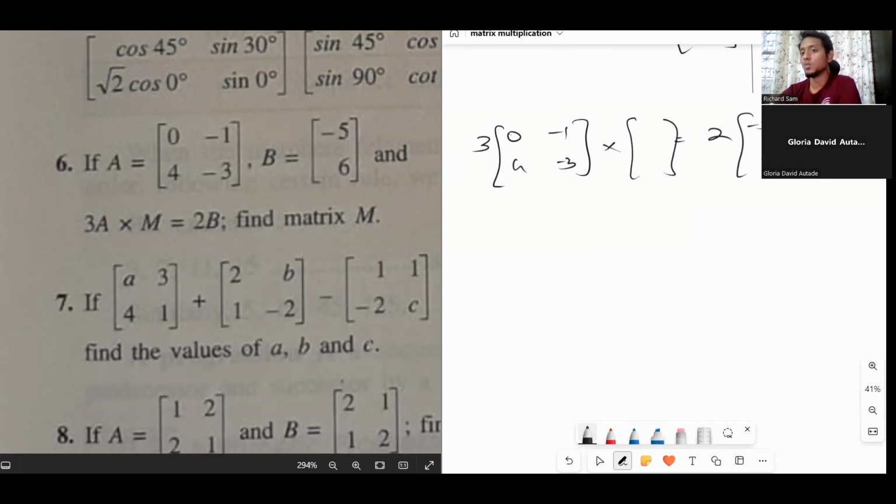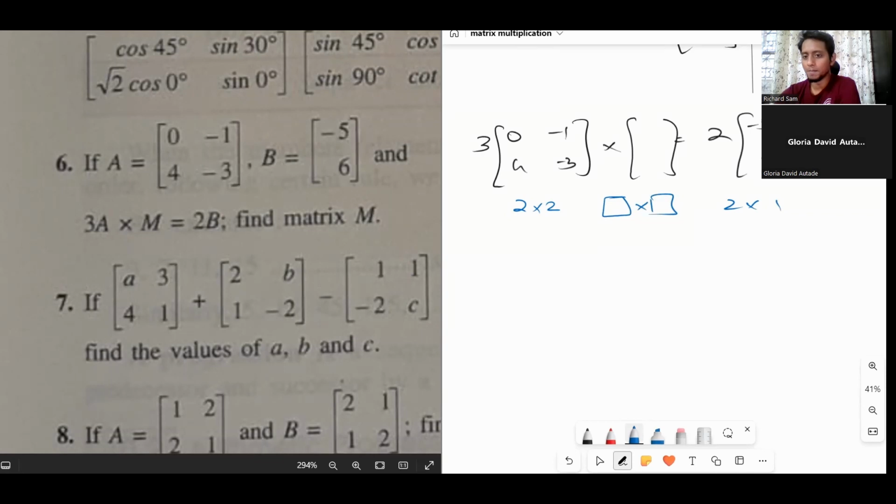For that, we need to know what order this matrix is supposed to be. Okay, so let's write the order of this matrix. What's the order of this matrix here? 2 by 2. And the answer is of what matrix order? 2 by 1. Okay. Now we don't know what this is.